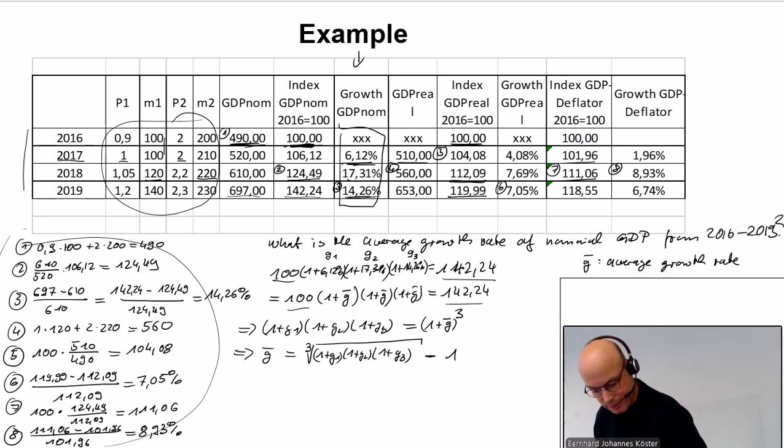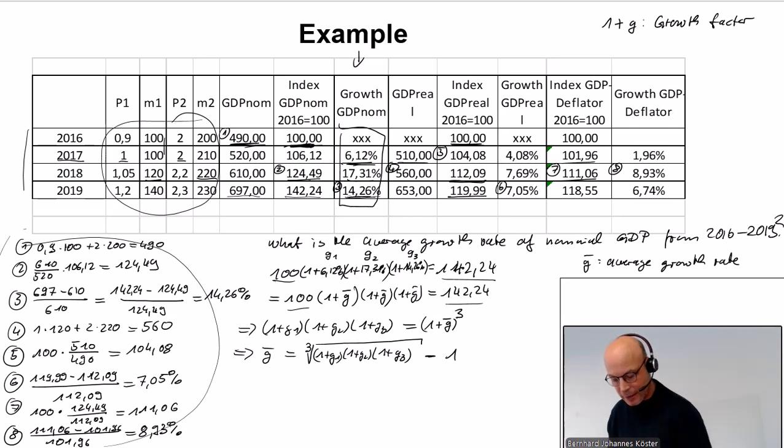Well, and 1 plus G, this we call then the growth factor. And this is nothing else than not the arithmetic, but the geometric mean of the growth factors.